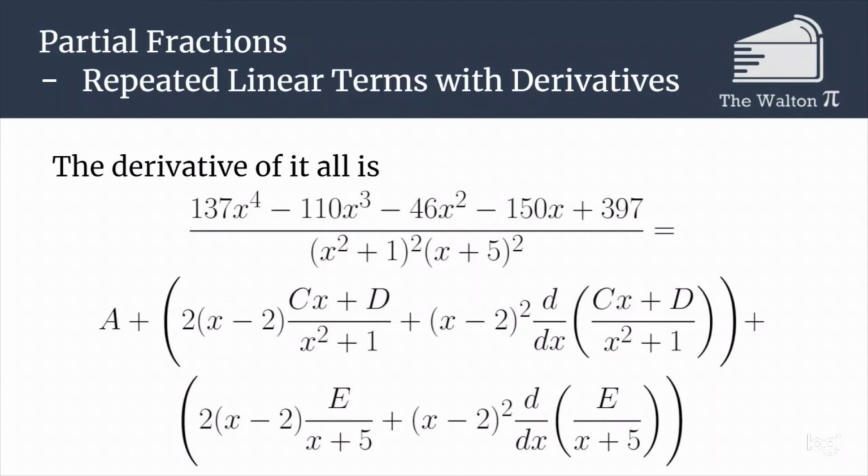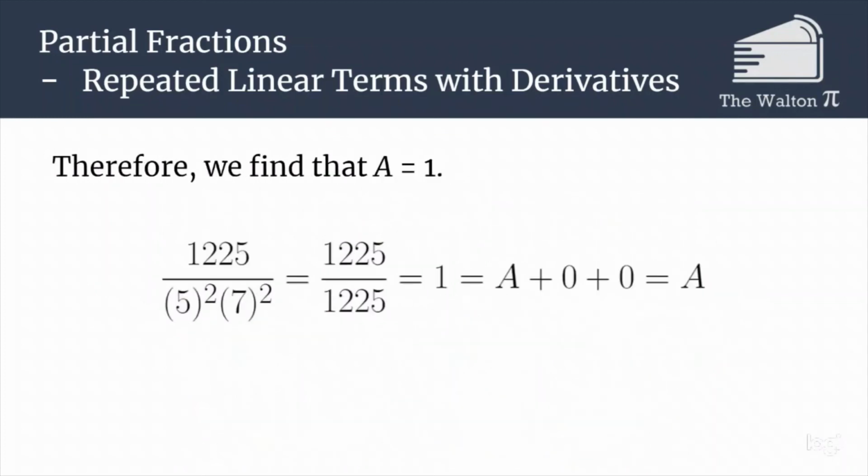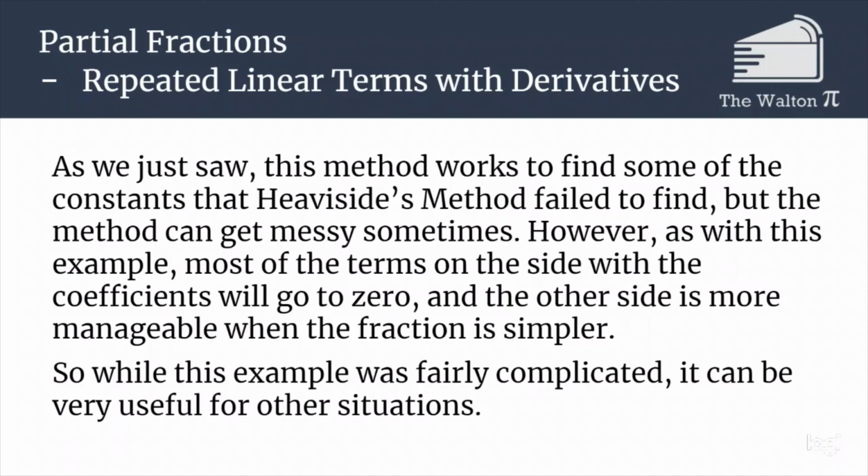We would have had a whole bunch of stuff that would have canceled instead of this messy 137x to the fourth plus whatever. That's a pretty messy fraction to try and evaluate, but it is doable. And so if the fraction was a little bit easier, then this method might be a little bit easier. However, I would usually stick to doing the substitution method rather than trying to use these derivatives. However, this is a method that is going to work.